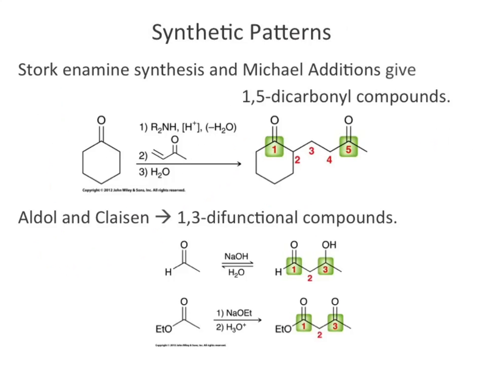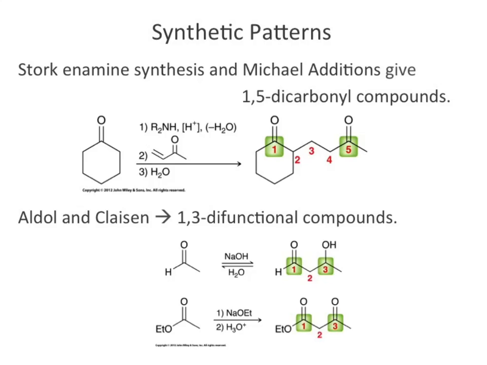Synthetic patterns, just because we're almost done, and I just want to finish this. Your Stork enamine synthesis and your Michael additions, if you take a look at your end result, you end up with a dicarbonyl compound. So you get 2 functional groups in your final product, and they're separated by 5 carbons. It will be a necessary result of that. And that's what this slide is attempting to show.